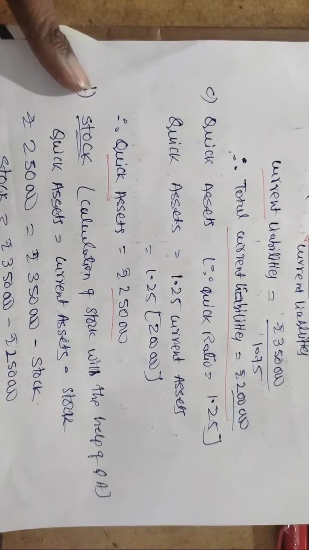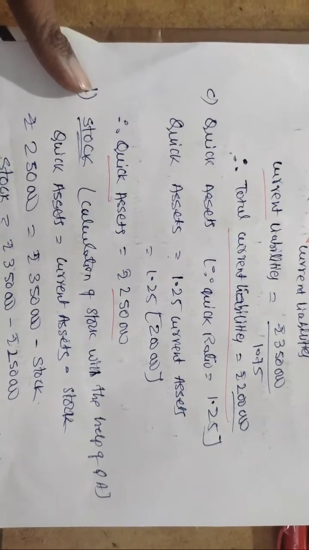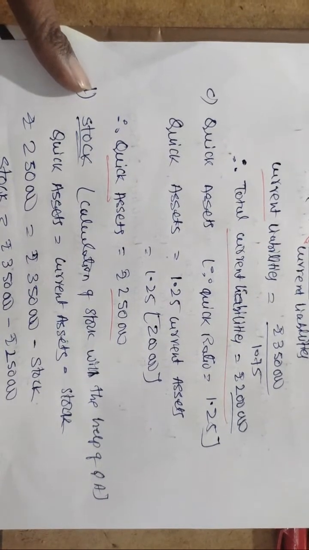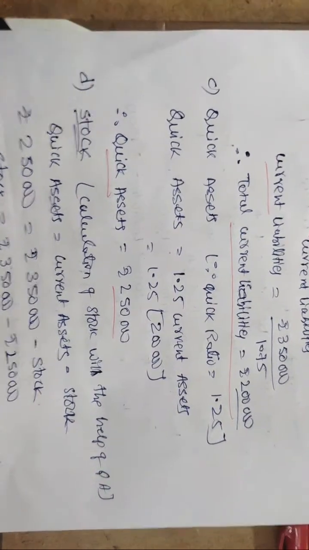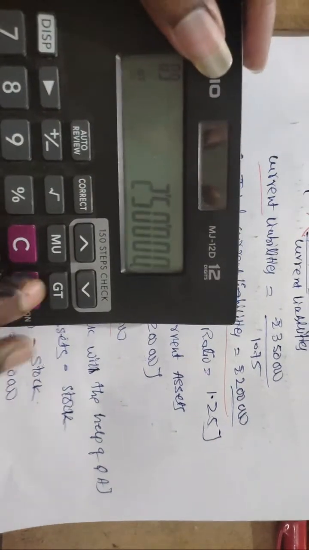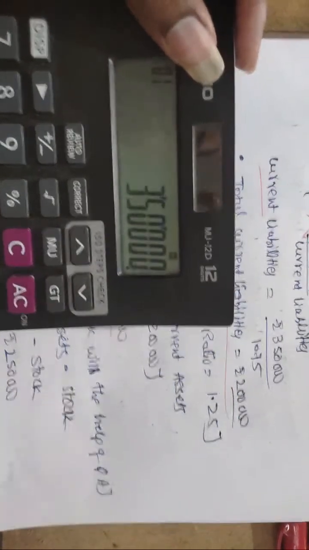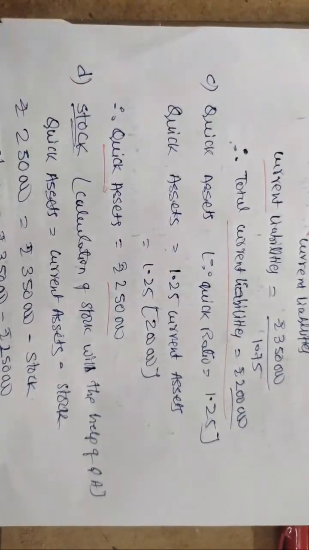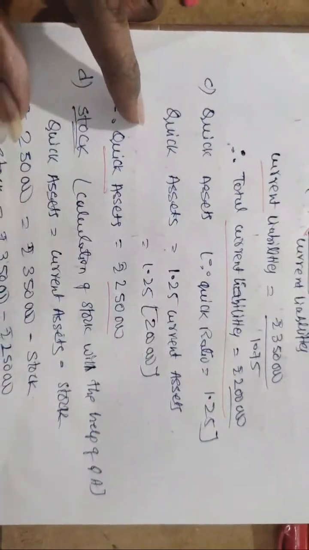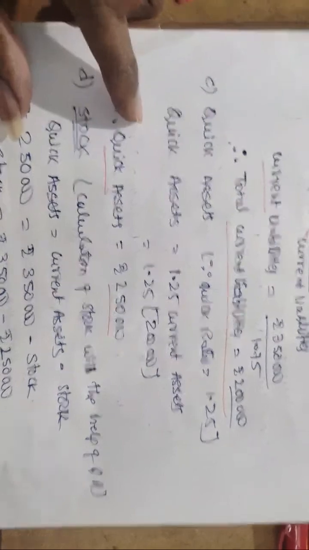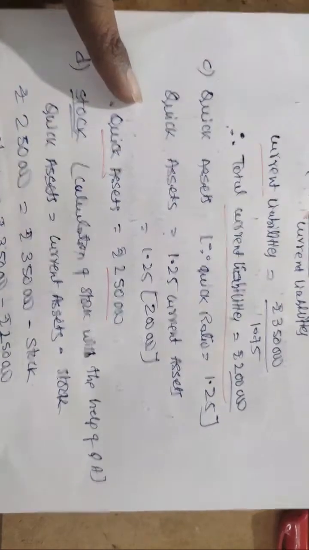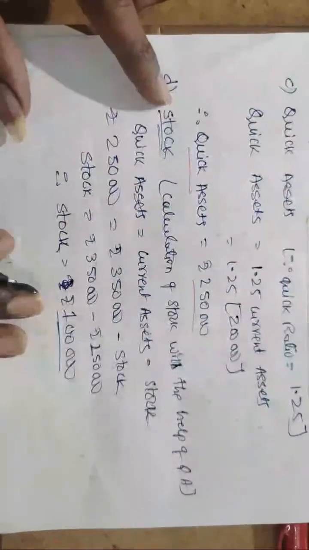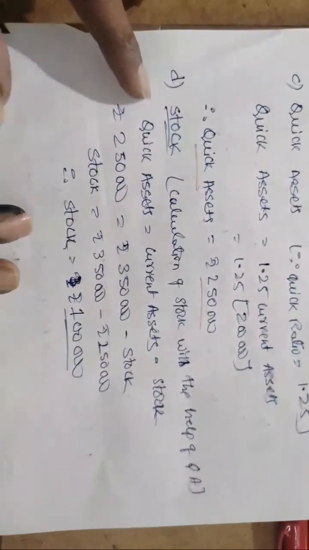So therefore stock is equal to 3,50,000 minus 2,50,000, that is 1 lakh rupees. So rupees 1 lakh is equal to stock, which we have calculated.